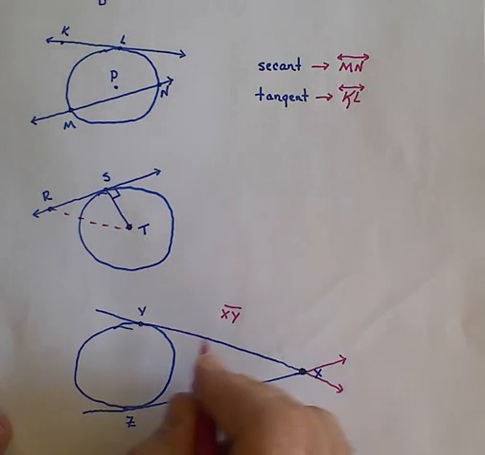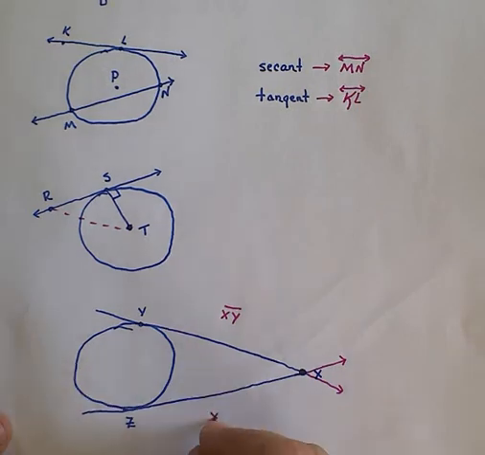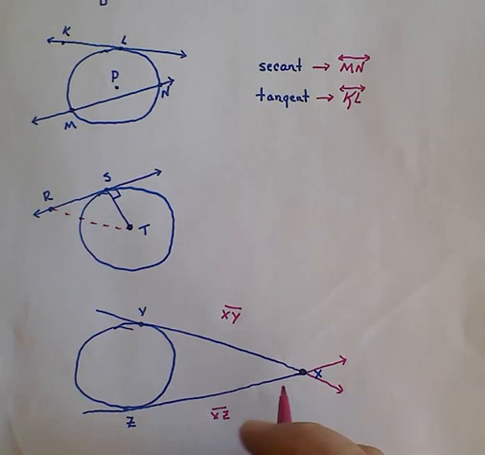Down below, you have the tangent segment XZ. What the third and final theorem says is that from a point outside of a circle, the 2 tangent segments must be equal. So ultimately XY must be congruent to XZ.